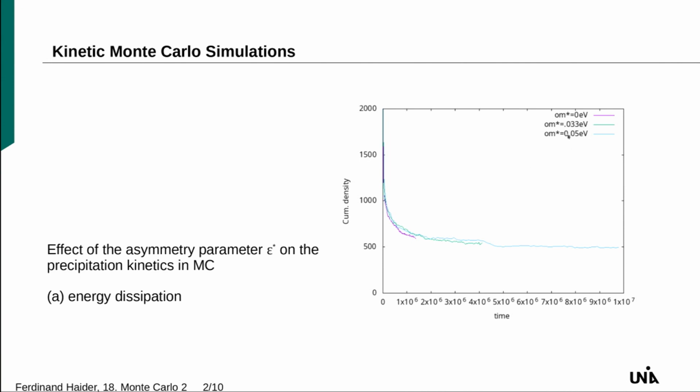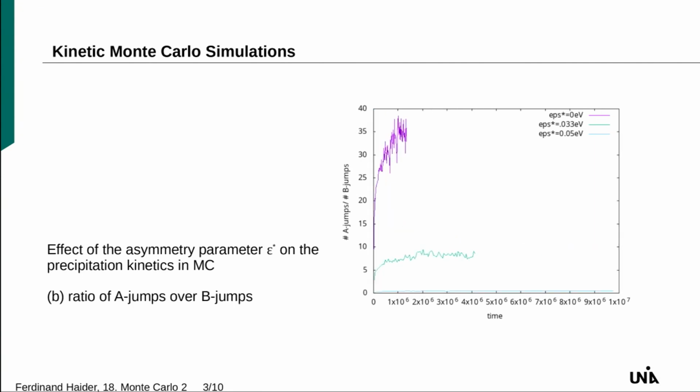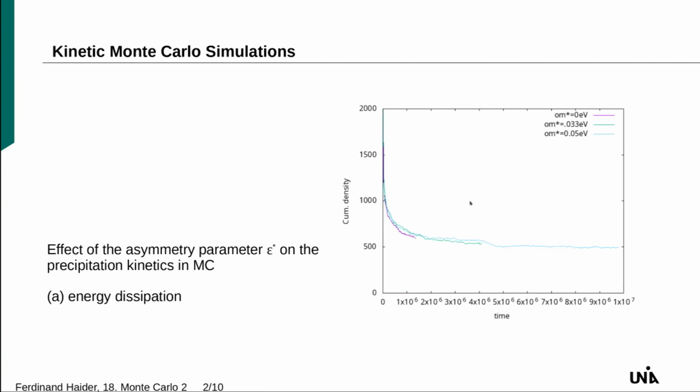So here the pink curve is for equal probability for A and B atoms, and you see here the curves more or less coincide, but the time scale is stretched, because I forgot what I chose here, probably 10% of B atoms or so. And the energy, so the axis label here is wrong. That's the energy, the total energy, which I plotted here.